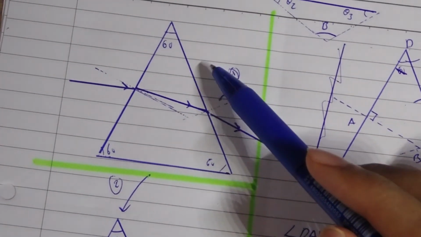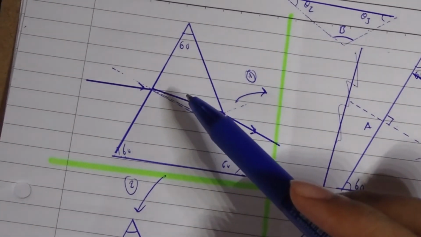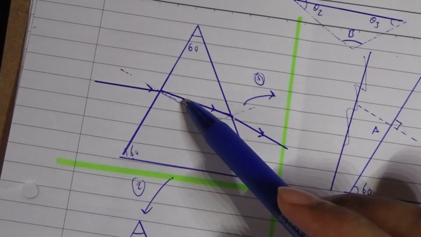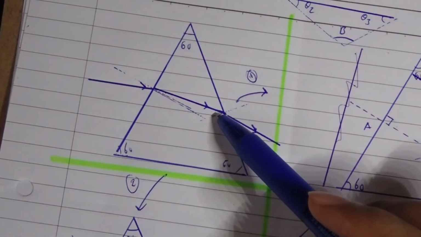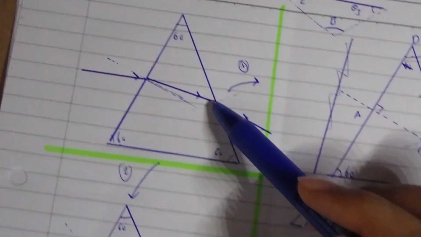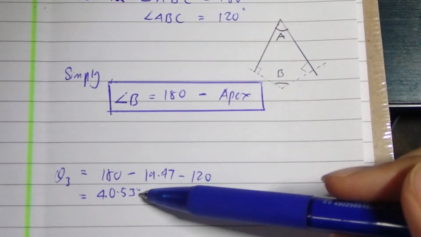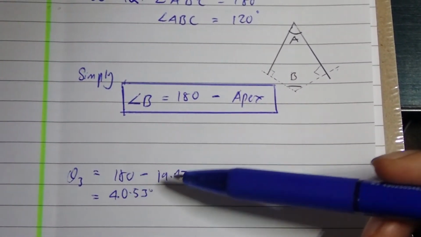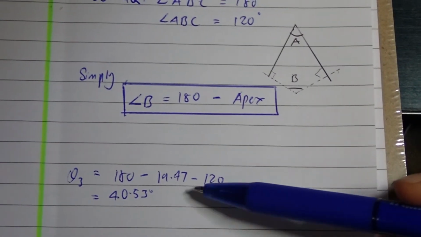Inside the triangle we have 180 degree total. So 180 degree minus theta 2 minus the angle B will give us angle theta 3. So here is the calculation that will give us 40.53 degree.